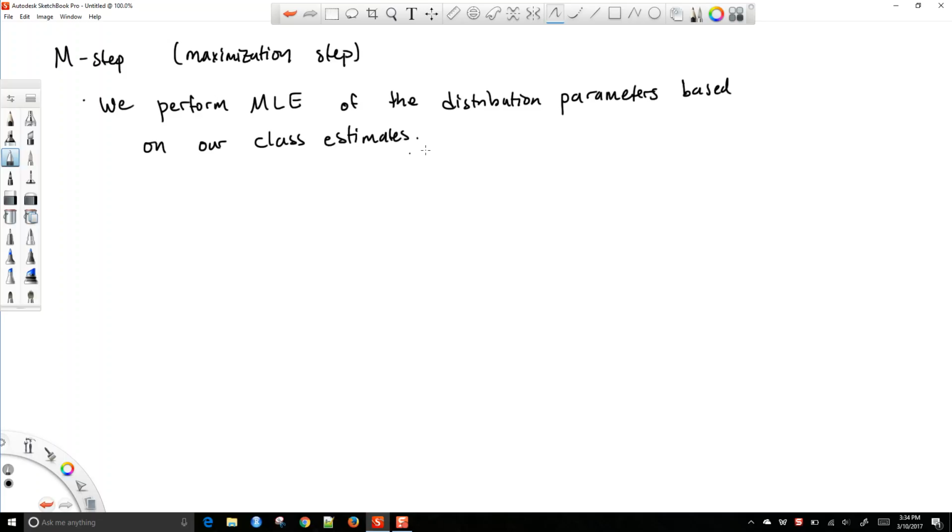Okay, but the key here is that our class estimates are not defined, okay? Our class estimates are not saying you definitely belong to this class and only this class, okay? Our class estimates are probabilistic.